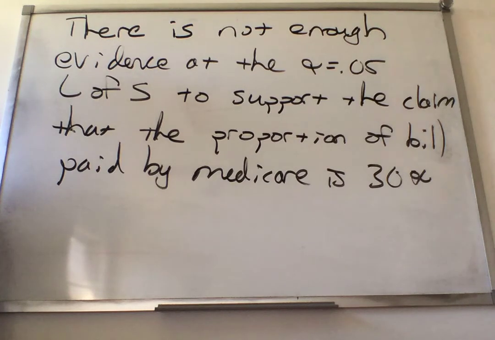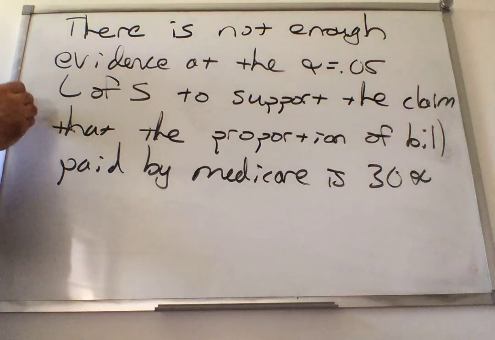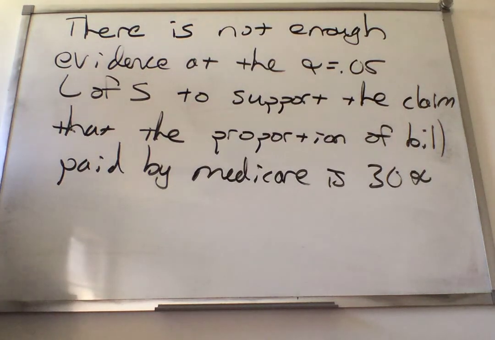If you're doing it for a proportion, you use one proportion Z test. If you're doing it for a mean, if you know the population standard deviation, you use Z test. If you don't know the population standard deviation, you use t-test. After you get your p-value, you make a decision to reject your null hypothesis or do not reject your null hypothesis. And then finally, you write a conclusion like this, either supporting your claim or not supporting your claim based on your decision.